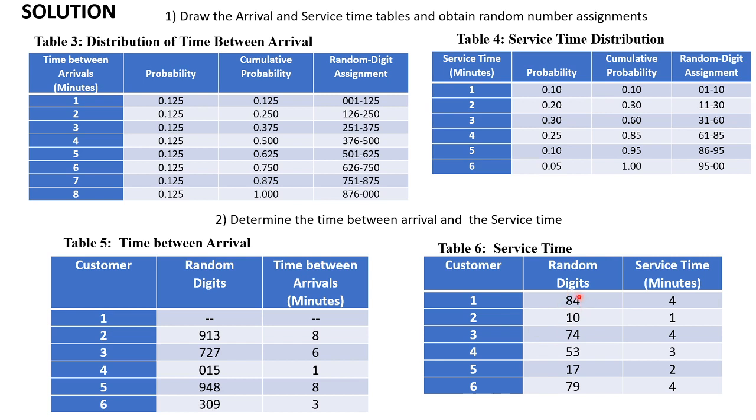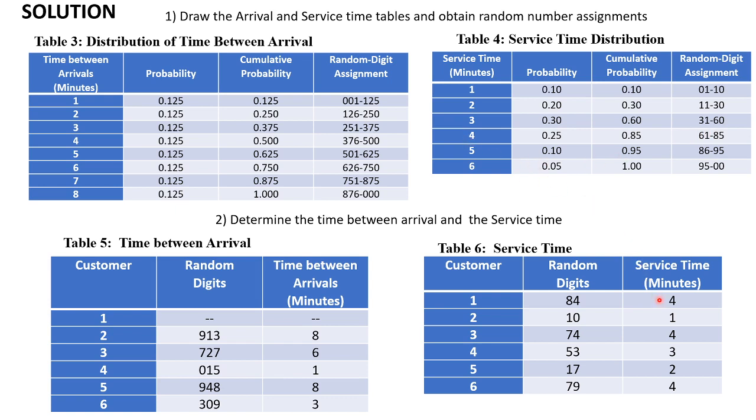So we'll pick 84. We come to the service time distribution table, then we locate 84 within the random digits. 84 is over here, between 61 to 85. So we can determine that the service time for that digit is 4.